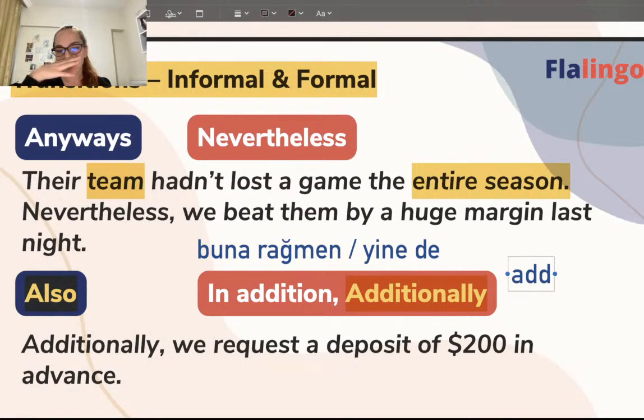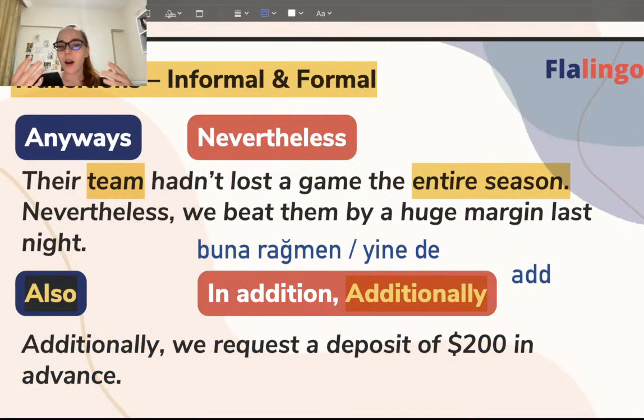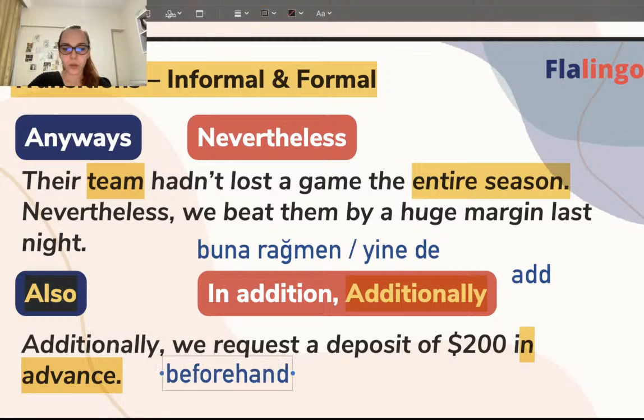So additionally, we request a deposit of $200 in advance. So additionally, also, we want this. I want you to add $200 of a deposit in advance. In advance means right now, beforehand. Yeah. In advance also means beforehand. We can also use this phrase as well.